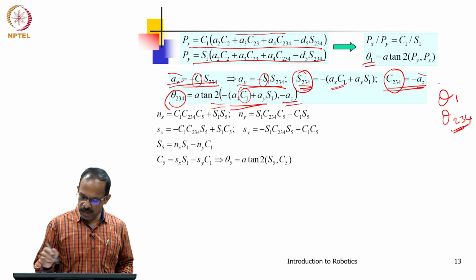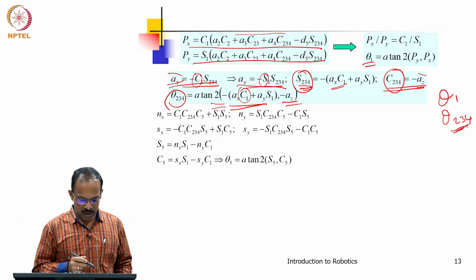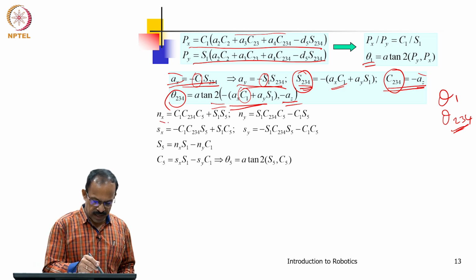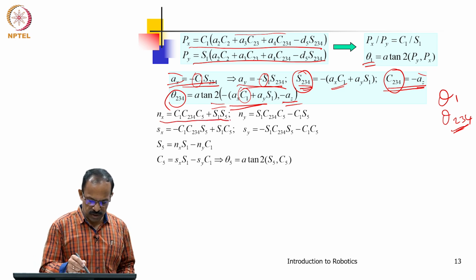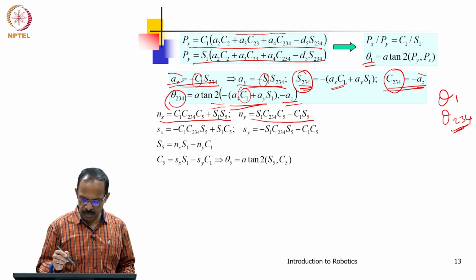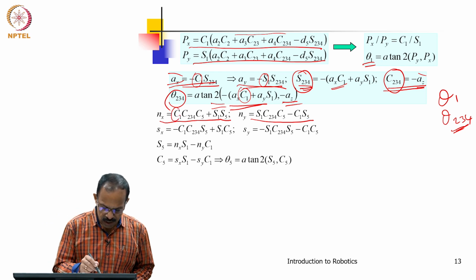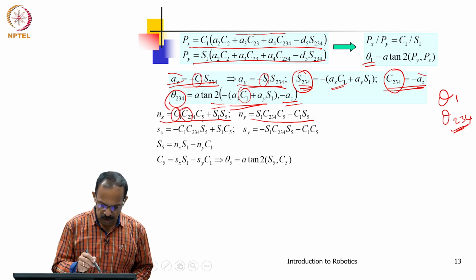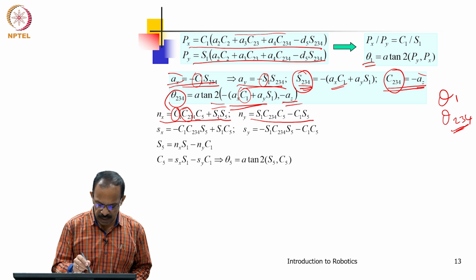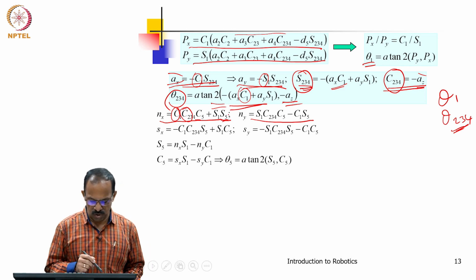Now we have theta 1 and theta 234. Look at the other equations. We have Nx equal to C1 C234 C5 minus S1 S5, and Ny equal to S1 C234 C5 plus C1 S5. In this case we know C1 and C234, the only unknown is C5. Similarly, S1 is known, but S5 is not known.